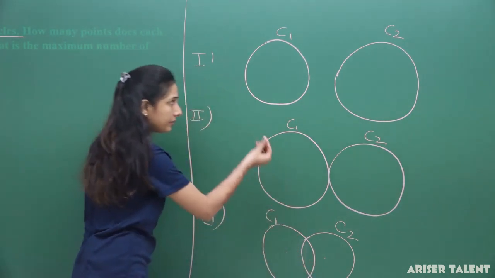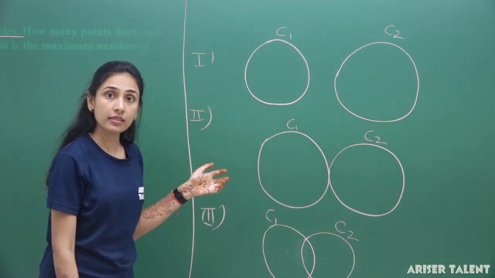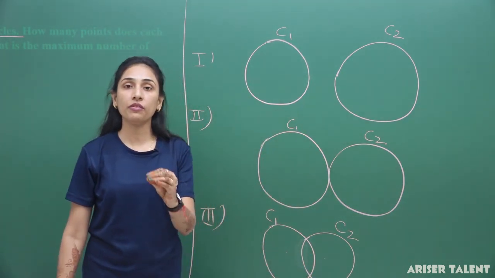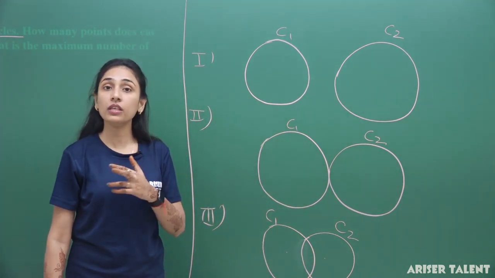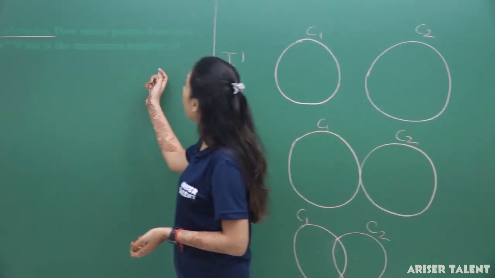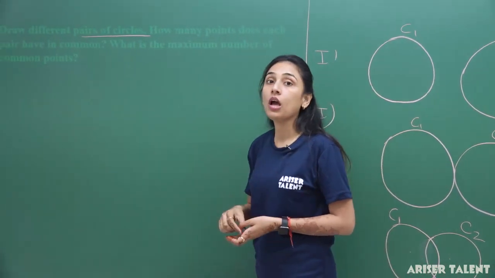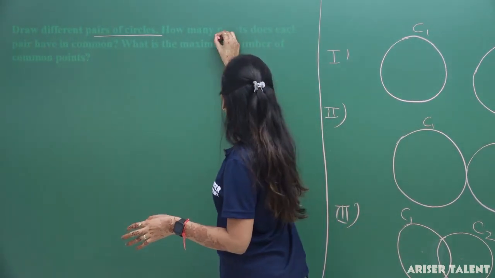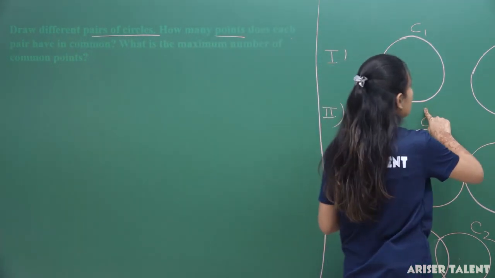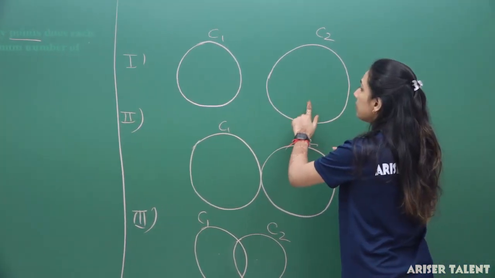Now look at the board. By seeing these three diagrams you can definitely answer the second question: how many points does each pair have in common? Look at the first one, the C1 circle and the C2 circle.